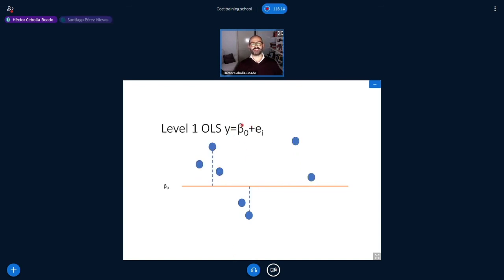So one level is just one constant plus an error term. When we have two levels, we have a constant that applies to everyone, plus a specific constant for each group that would actually show us whether the group as a whole differs from the general average. And then we have, of course, within each group, an error term.